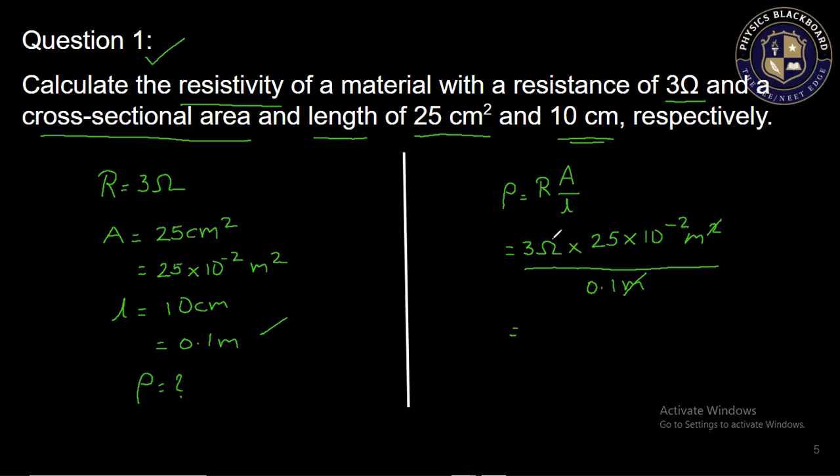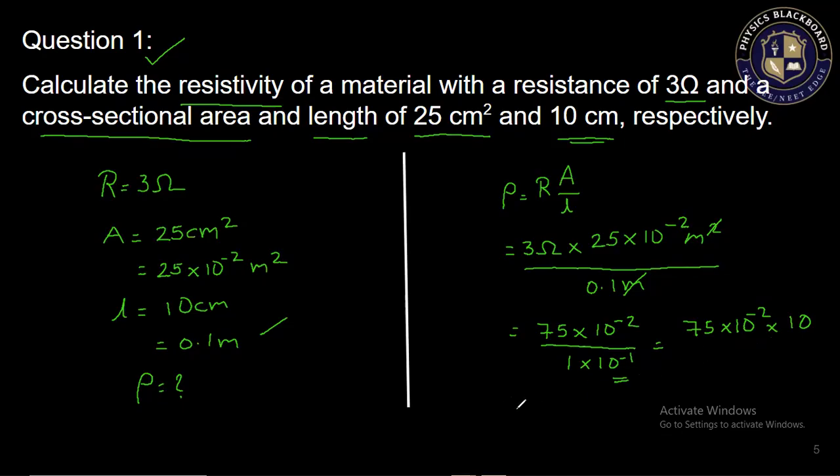3 into 25, you will get 75 into 10 power minus 2 by 0.1. I can write 0.1 as 1 into 10 power minus 1. So 75 into 10 power minus 2. If you take this 10 power minus 1 to the numerator, you will get 10 power 1, that is 10.